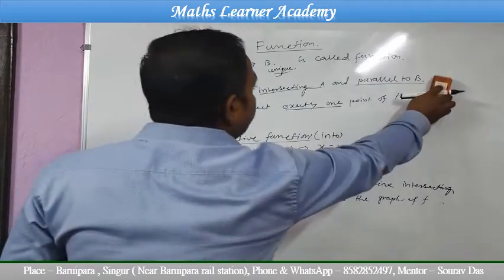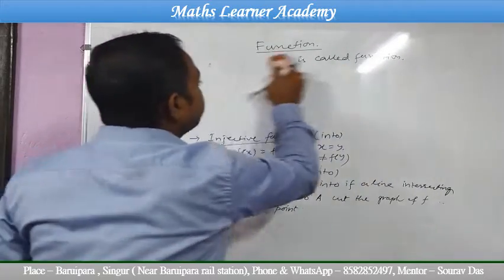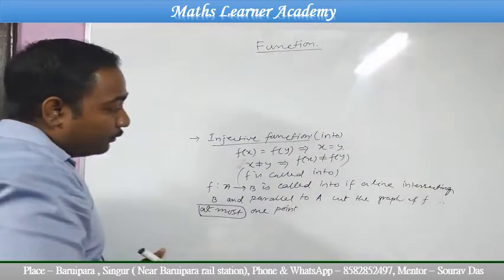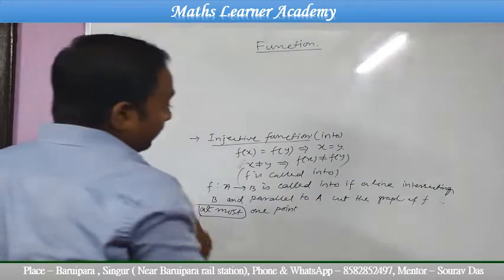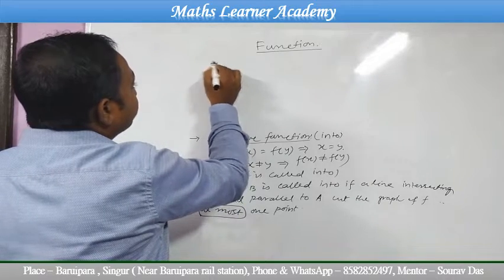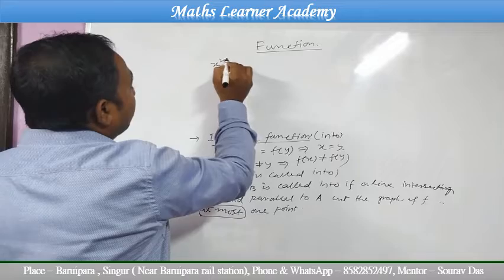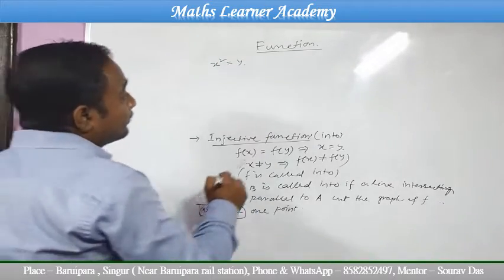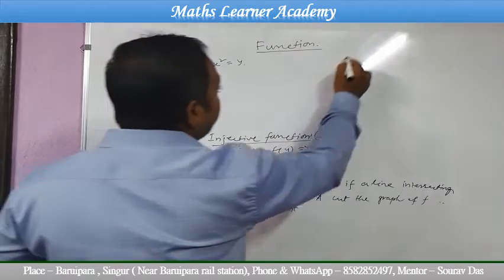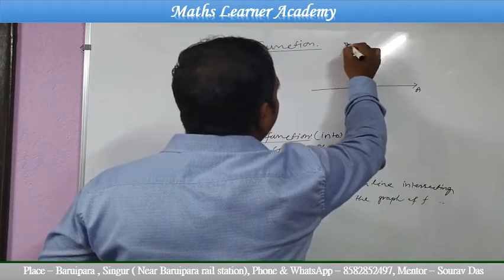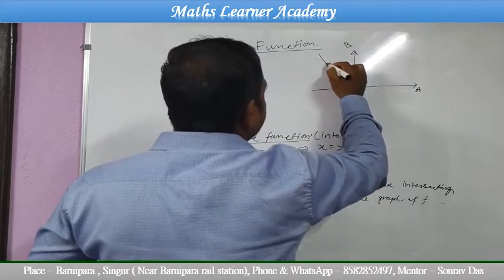So let me give you some examples. Suppose I am taking the function x square equals y, right? So we all know that the function is like this. Suppose I am taking A and B. This is the function.